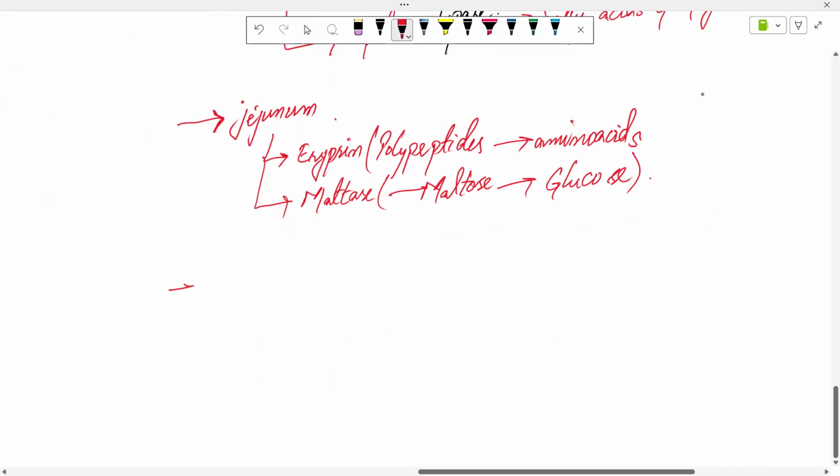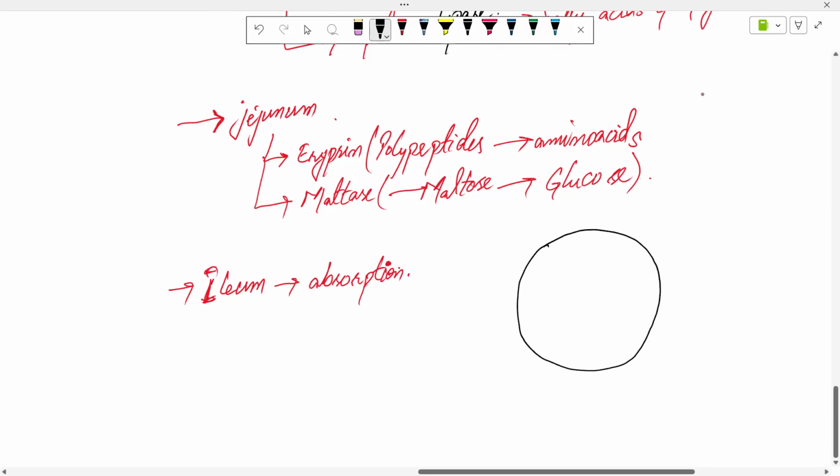Then after that, ileum. Ileum is the important part of the small intestine because it is involved in the absorption. Look at the structure of the small intestine.